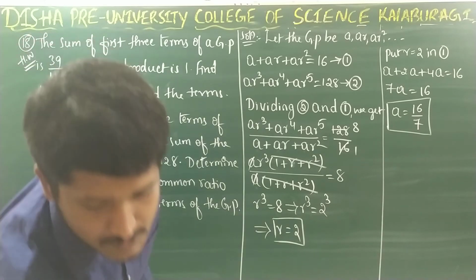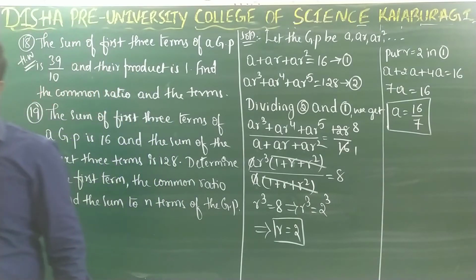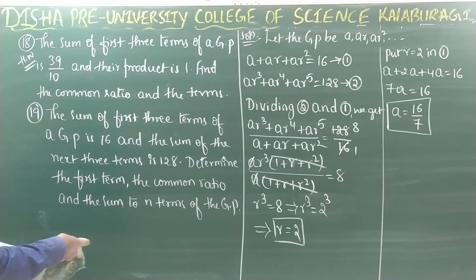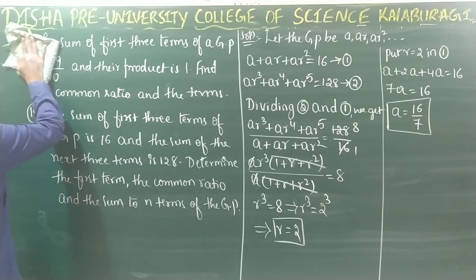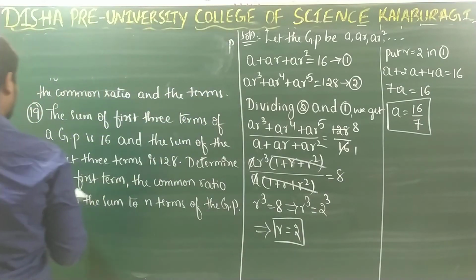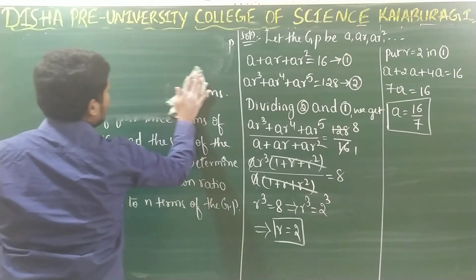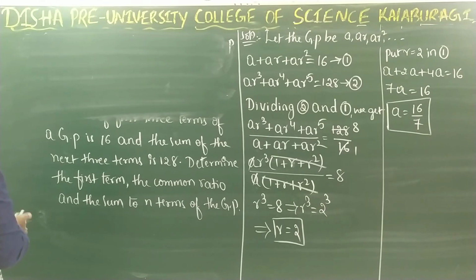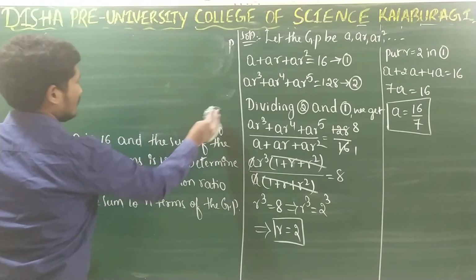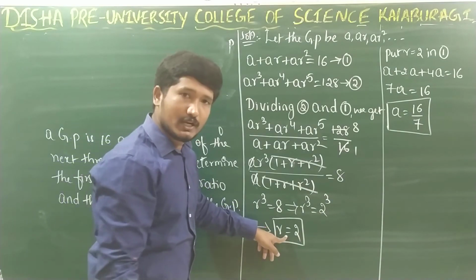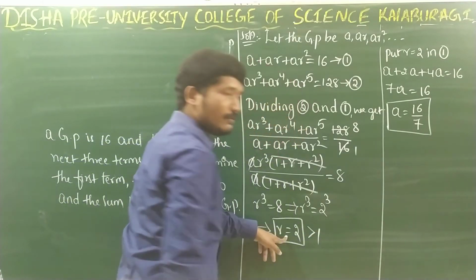Sum to n terms in the sense we have to calculate the value for Sn. Right? So what is the formula for Sn? The common ratio here is 2, so it is greater than 1.